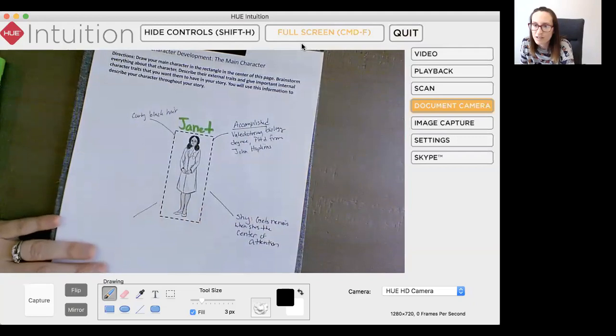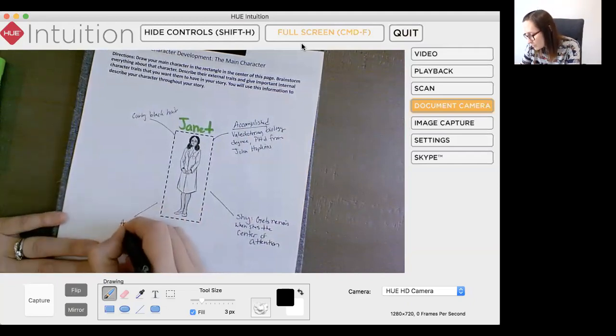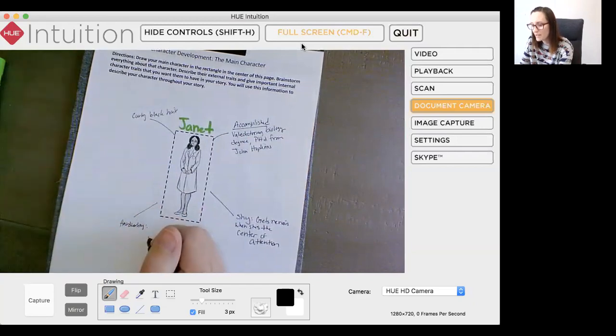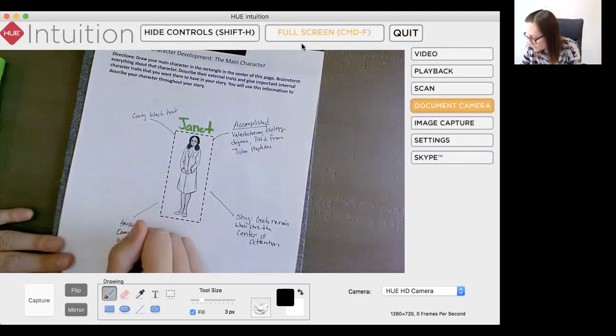Her being hardworking is really important because if she wasn't so hardworking and also so accomplished, she would never have found what she found in the story. So we're going to put hardworking here. And we are going to show that she's hardworking by, in the beginning, explaining that she earns a spot as one of the lead researchers on her team.